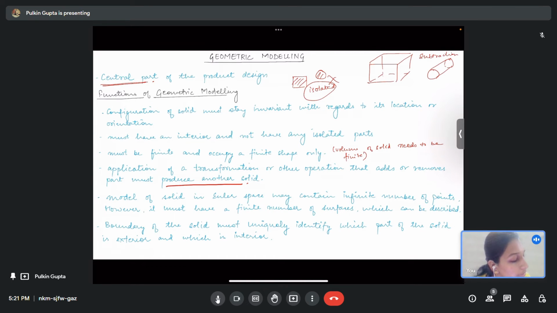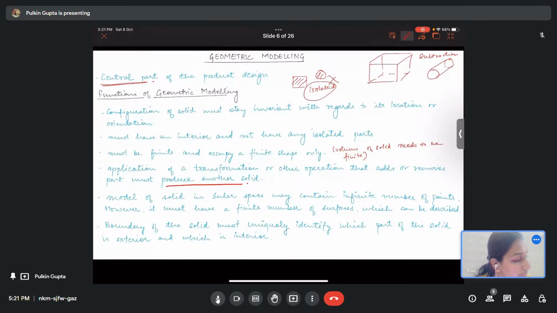Ultimately what you will produce is this kind of part. Here is your hole, a through hole. This is also a complete solid.